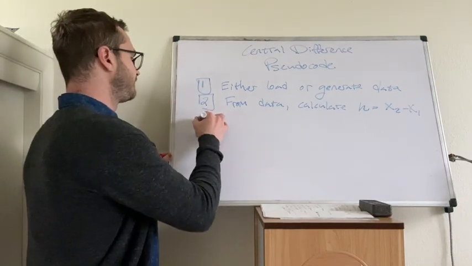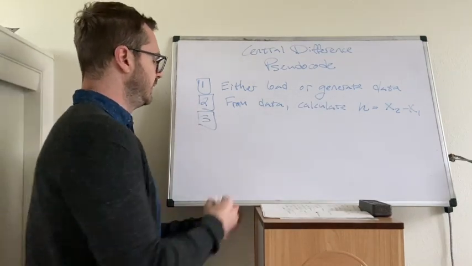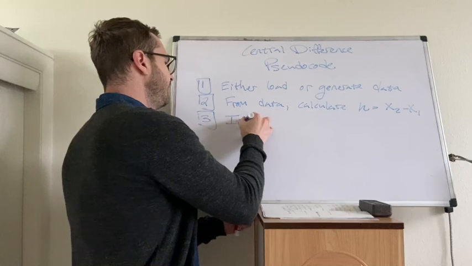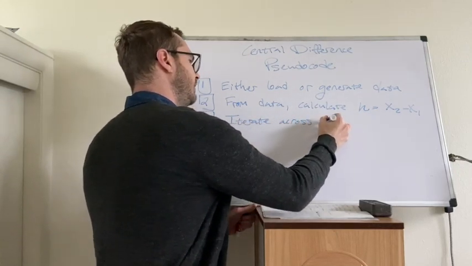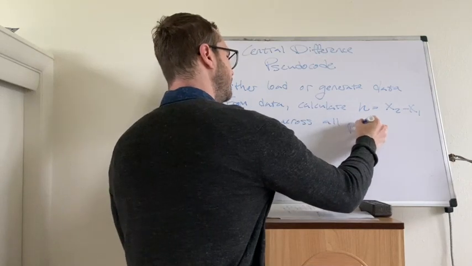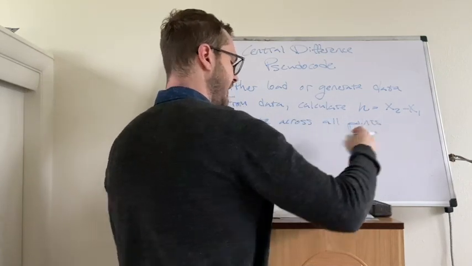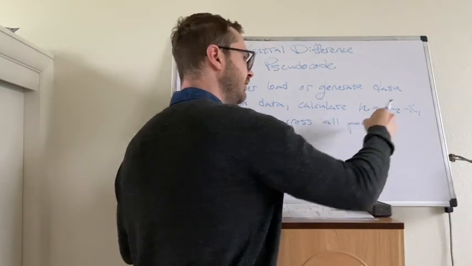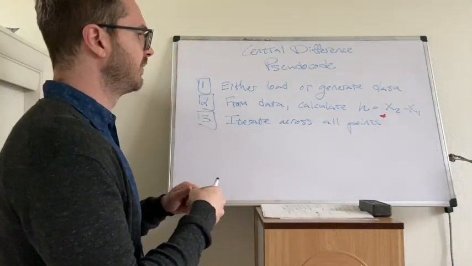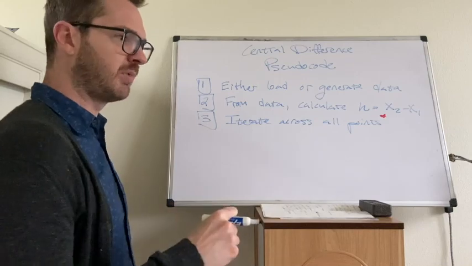Number 3. Iterate across all points. And I'm actually going to put a little comment here. We'll come back to this in a second. I'm going to put a little asterisk on the points part.